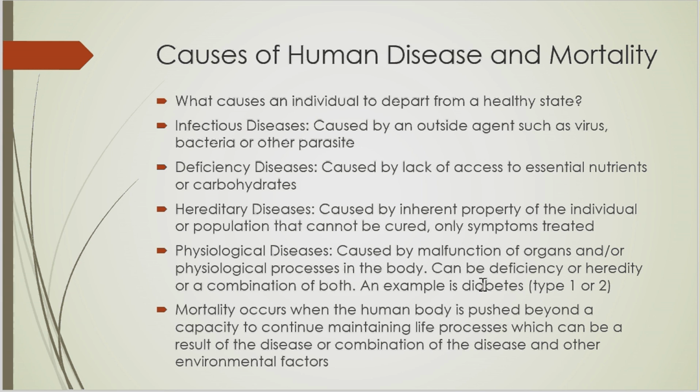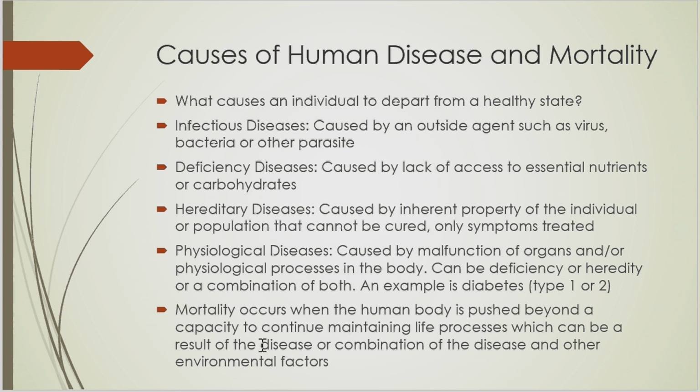All of these different types of diseases, in one way or another, can lead to mortality. So many of these diseases don't actually cause death. They cause illness and they cause a sickness within a population, but they don't always cause death. Okay?